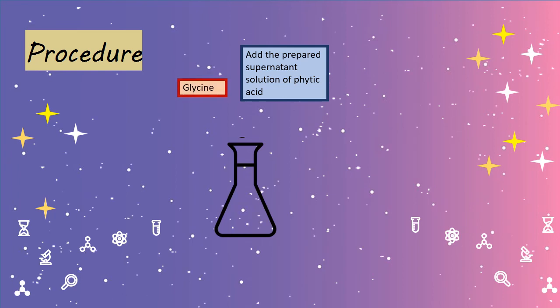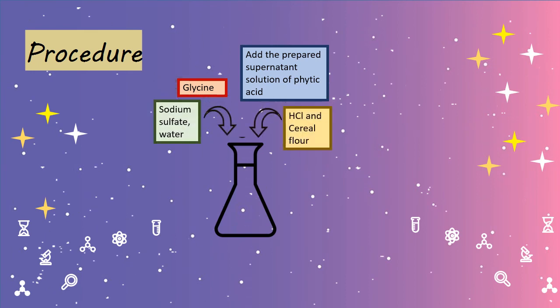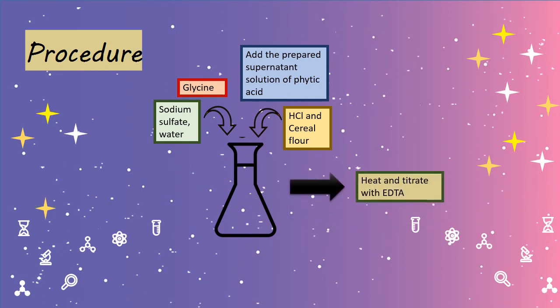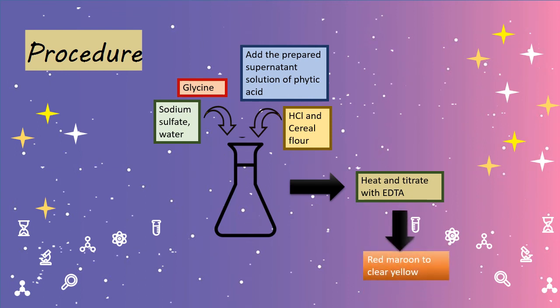Add sodium sulfate, HCl, dilute the solution with water, and after that add the flour of that particular cereal in which you have to determine the phytic acid. After that, heat the solution that is present in the flask, and when the temperature is appropriate, titrate the solution against EDTA. It will mark an endpoint, and the complex formation will convert the solution color, that is red maroon, to a new color.